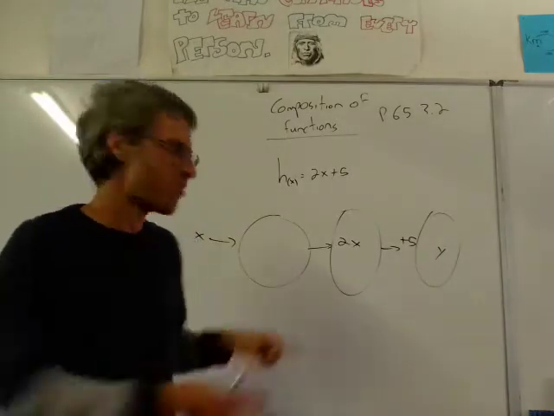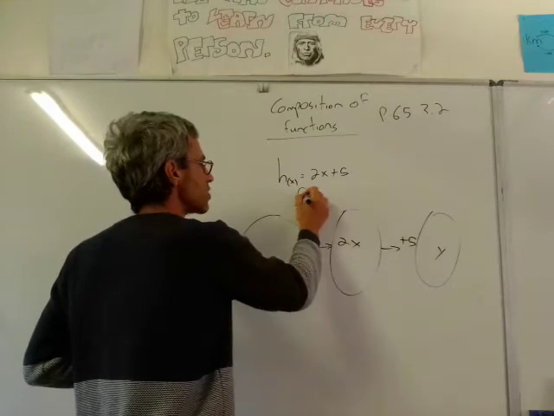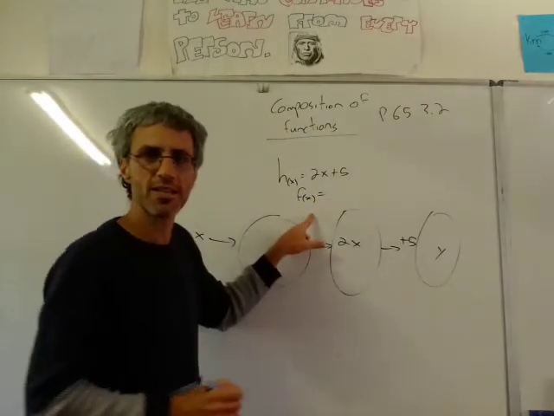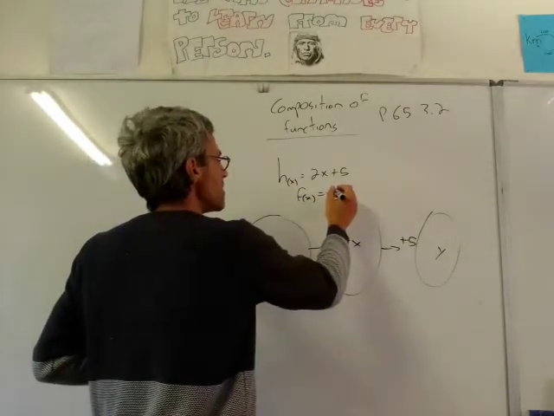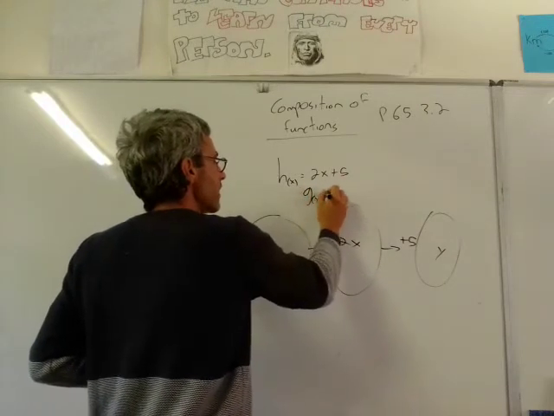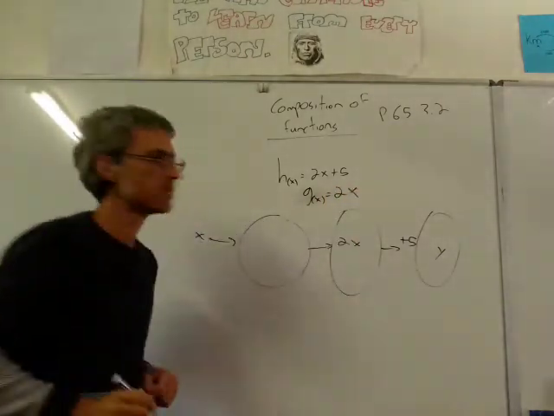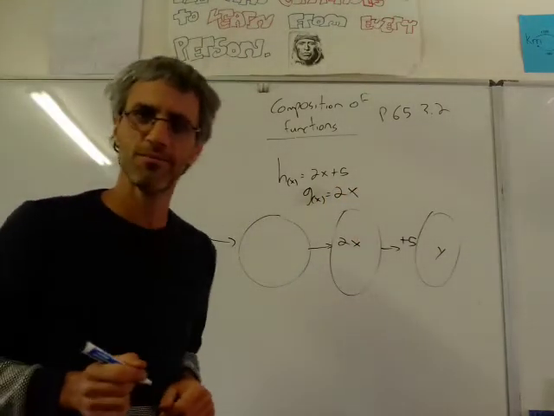How would I write this mathematically without these diagrams? I'll say, okay, look, I've got two functions. The first function is f of x, no, let's do g of x. So g of x is saying, give me an x, double it. g of x equals 2x.